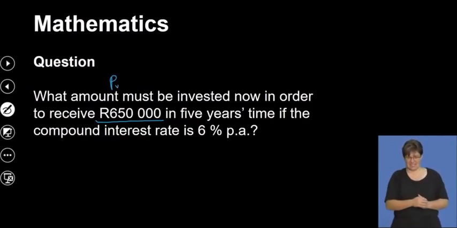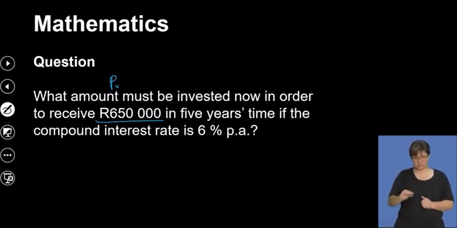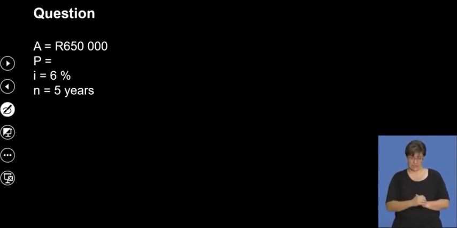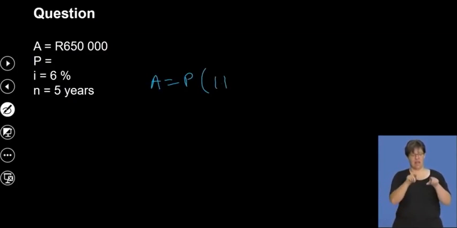So what must I put in the bank now so that 5 years later I can have 650,000? So the value of A is the 650,000. So this will be A is equal to P times 1 plus i. Remember guys, I will always stress writing down the formula before I perform any calculation.